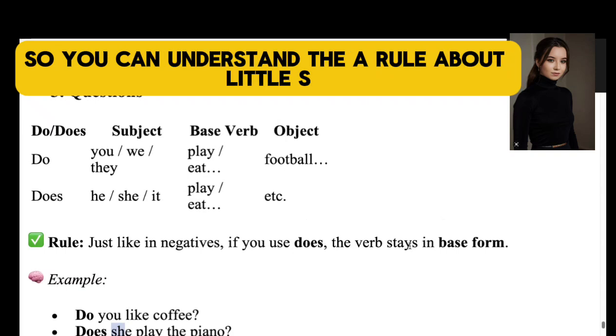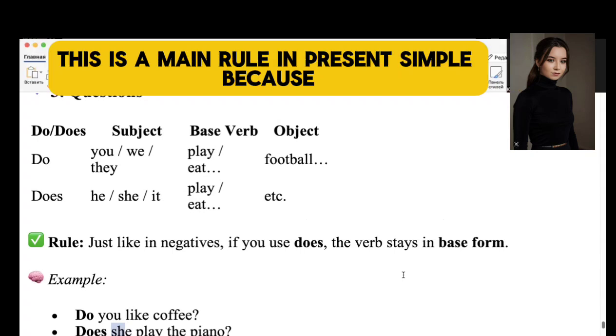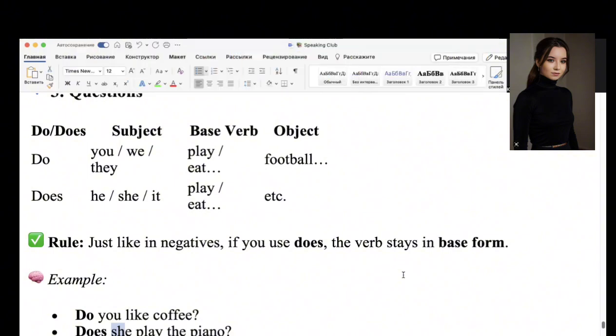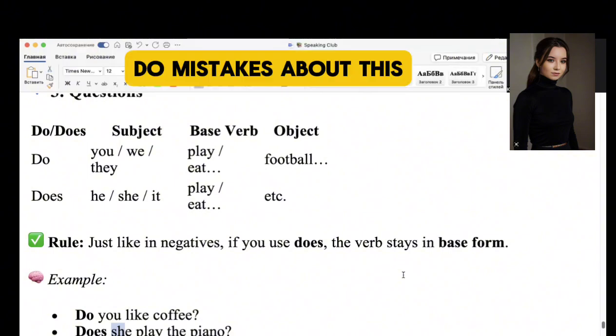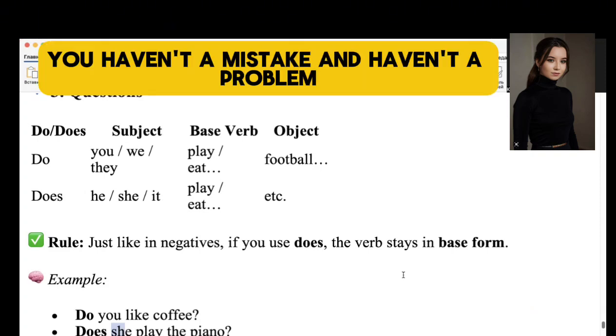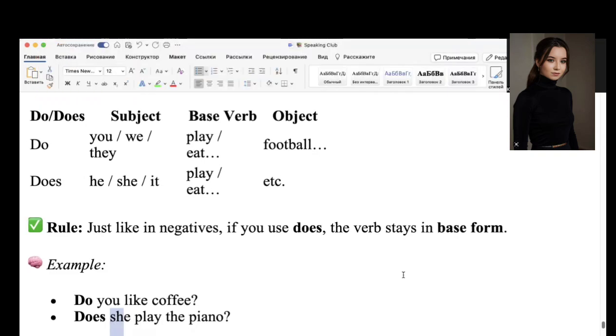So you can understand the rule about the letter S. This is the main rule in present simple, because every student makes mistakes with this. If you learn this, you won't have a mistake or a problem.